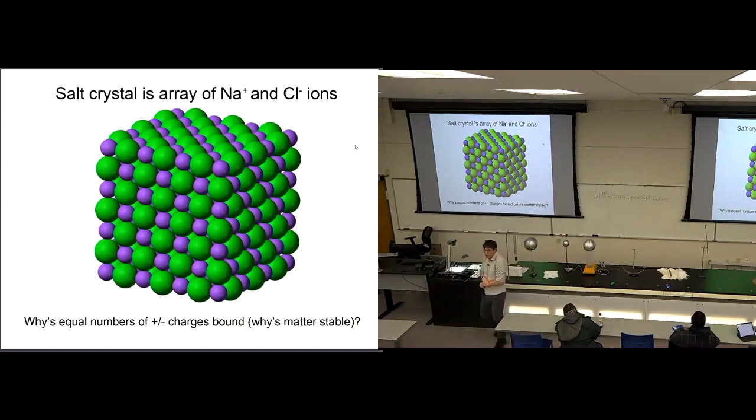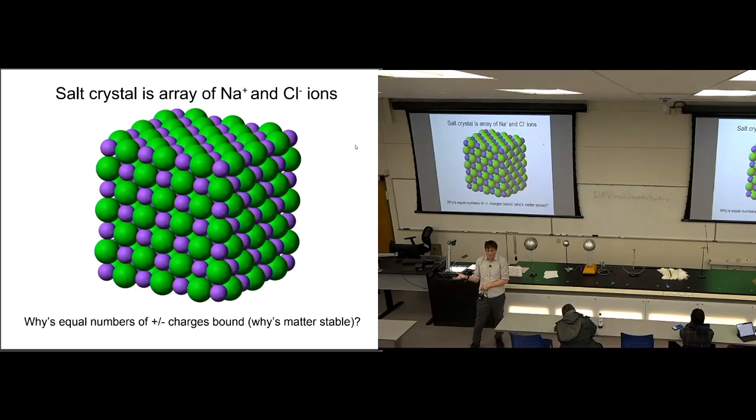But if you think about it, in that array, there are attractive forces between unlike charges, so between a chlorine and a sodium. And there are repulsive forces between like charges, between pairs of sodiums and pairs of chlorines.